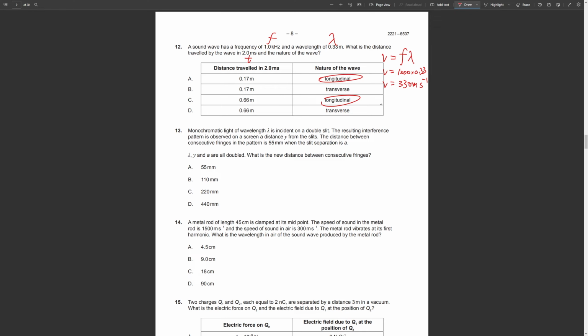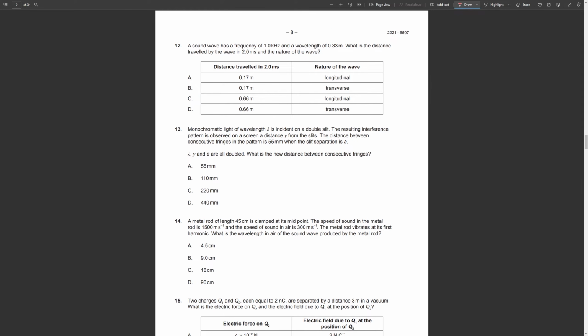After deducing its speed, you can calculate the distance traveled divided by the time taken. So 330 equals the unknown distance divided by 0.002 seconds. The distance traveled should be 0.66. The answer is C.